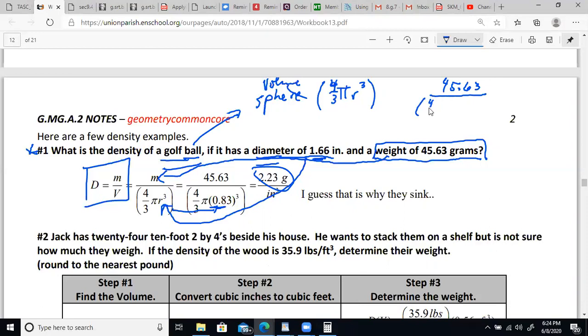You've got to make sure your 4/3, I wish I had the other calculator. There's a button on the calculator that is a fraction button. The button itself has a little thing like this.